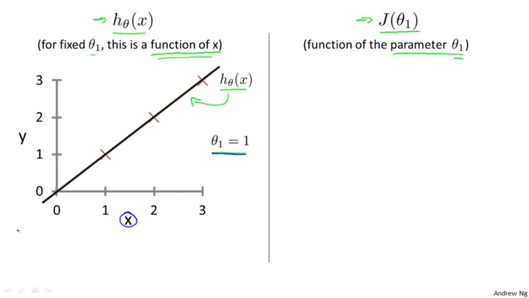Now, I've temporarily set theta 1 equals 1. What I want to do is figure out what J of theta 1 is when theta 1 equals 1. So let's go ahead and compute what the cost function is for the value 1.